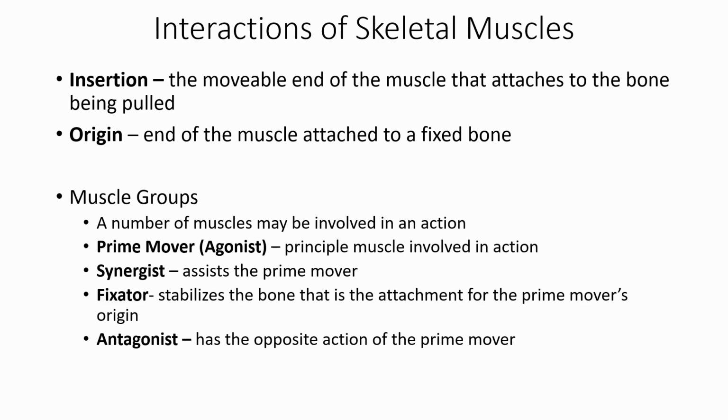So we think about the biceps brachii, which you find in your arm. The biceps brachii helps you flex your arm at the elbow. The origin is going to be up in the shoulder, because that's the part that is not moving when the biceps brachii contracts.